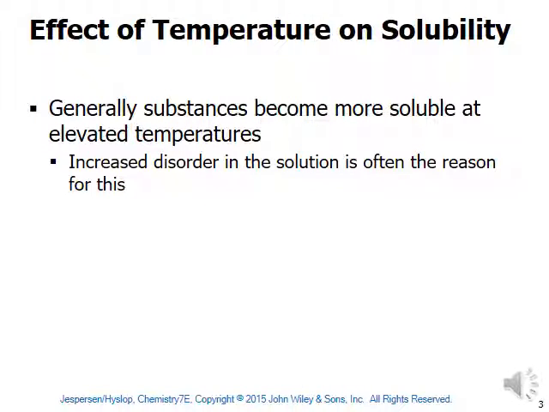Now, some of the effects on solubility. One of the things is temperature. You can change how well things dissolve in water, and one way to do that is by changing the temperature. Generally, substances become more soluble as you increase temperature, and what this does is increase the disorder of both the solvent and solution, so they can mix better.